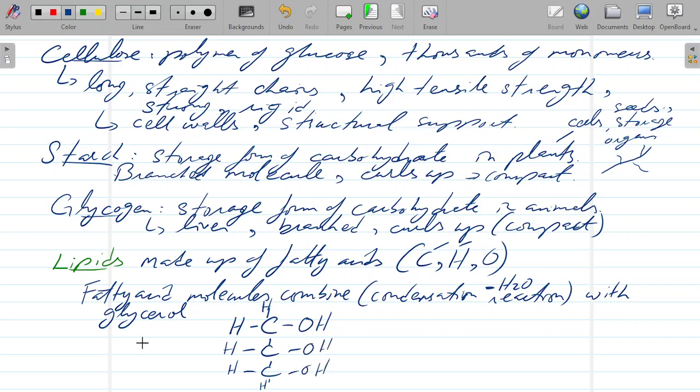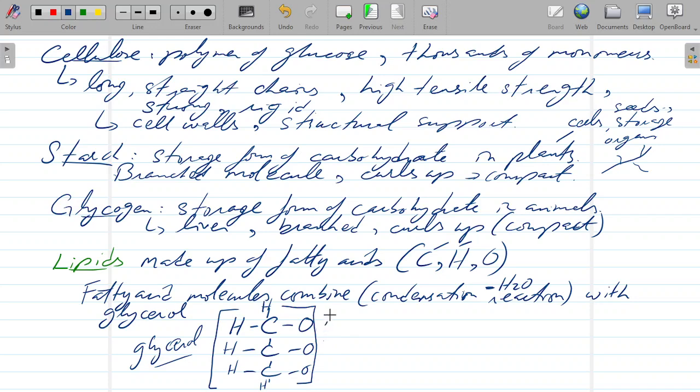So this is what glycerol looks like. But after the reaction occurs, the H of the OH is gone, so I'll erase that. The chemistry part of this is not in your syllabus.